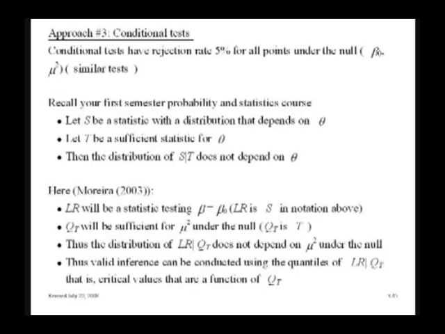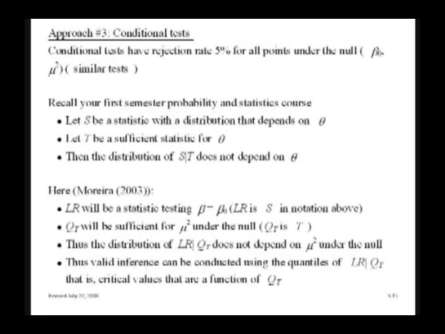Okay, so let's go back to your first course in statistics in graduate school, and I'm sure you will all remember the definition of sufficiency. That if you have a statistic S with a distribution that depends on theta and T is a sufficient statistic for theta, then the distribution of S given T doesn't depend on theta.